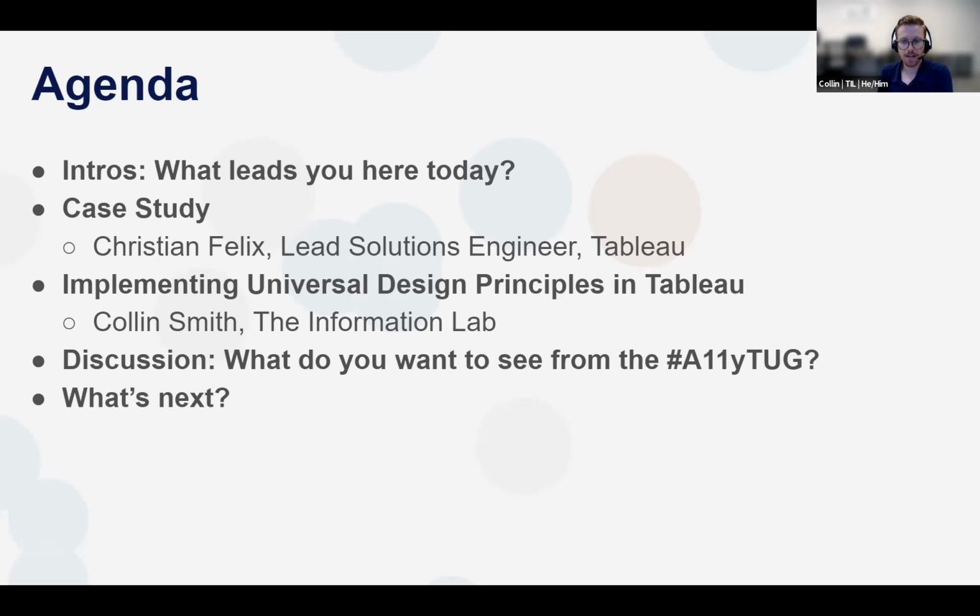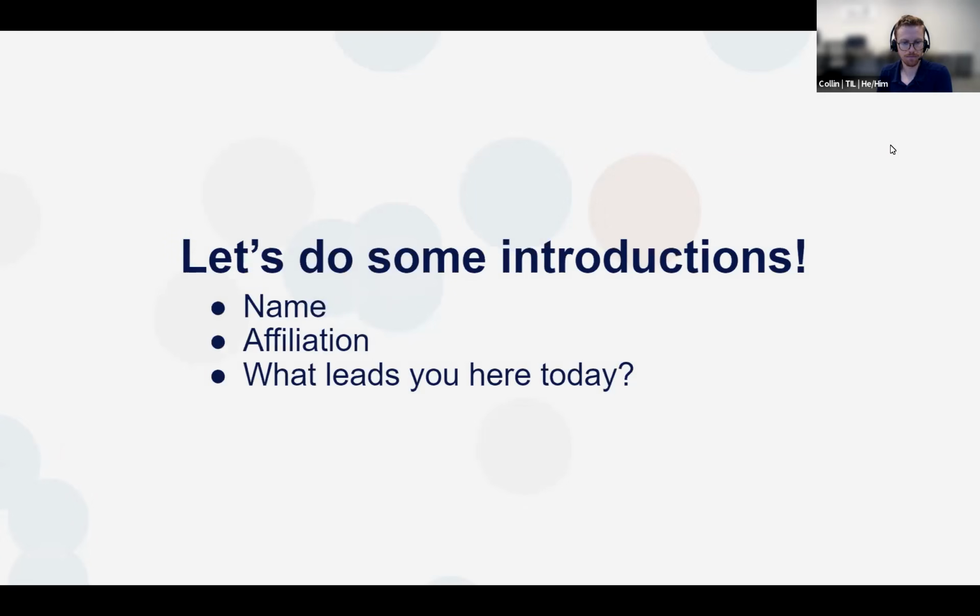We'll have that at the end and then talk about what's next. All right, so introductions. I can kick it off and then hand it over to Emily, and then it probably makes the most sense for me to call on people so that we make sure we get through everybody.